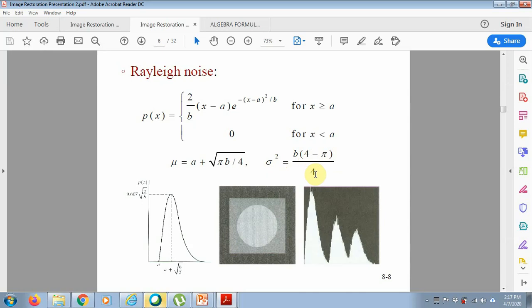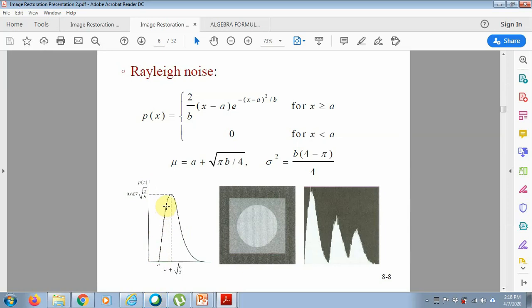Now in the examination they will not ask you to actually derive the expression for mu and variance for the Rayleigh noise. They will ask you what the Rayleigh noise is, and what the function of Rayleigh noise is, with a neat and labeled diagram. Okay, so this is the function for Rayleigh noise.